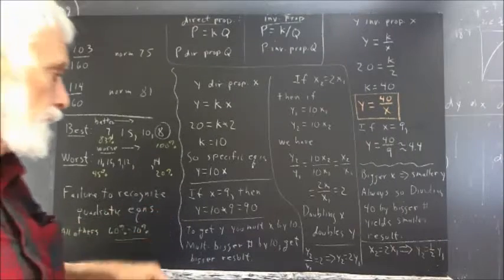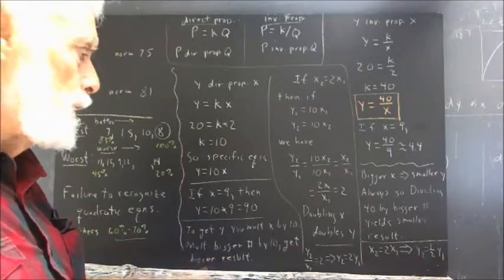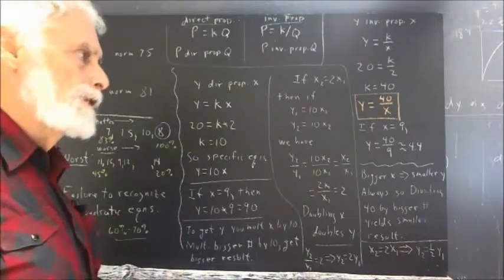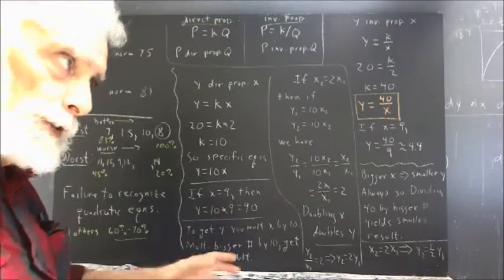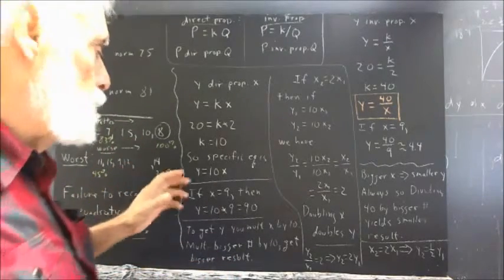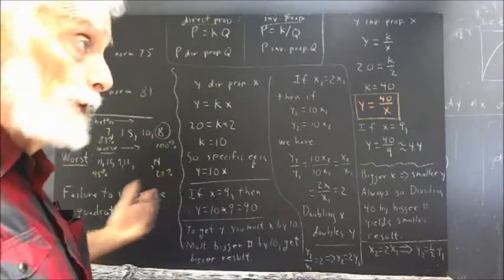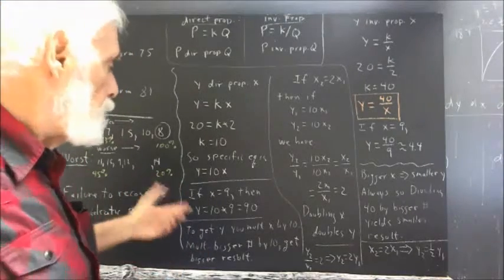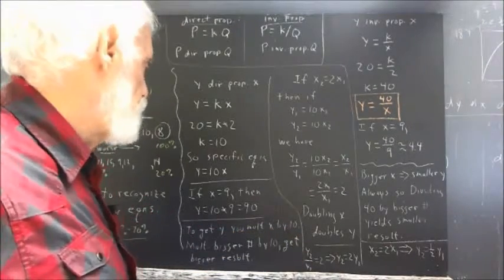Okay, well, the next question is, what is going to happen to Y if X doubles? Now, from what I've just said, you're probably going to have a pretty good opinion about what's going to happen. Well, to justify your opinion, which is probably that if you double X, Y is also going to have to double: how do you get Y? To get Y, you multiply X by 10.